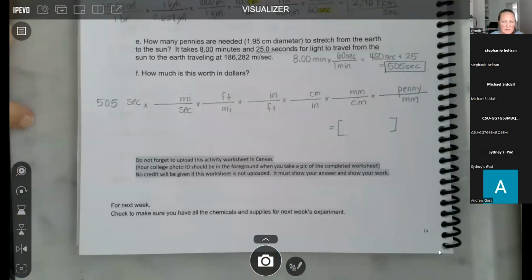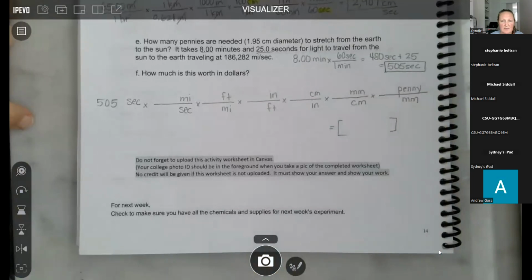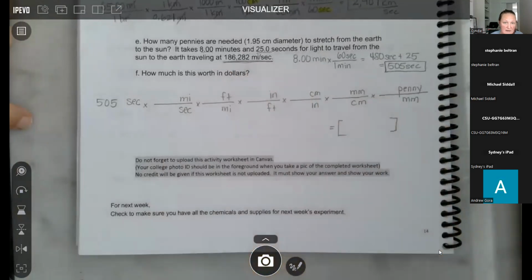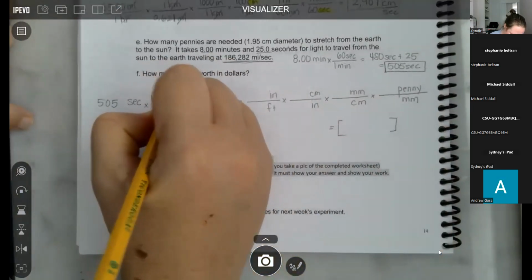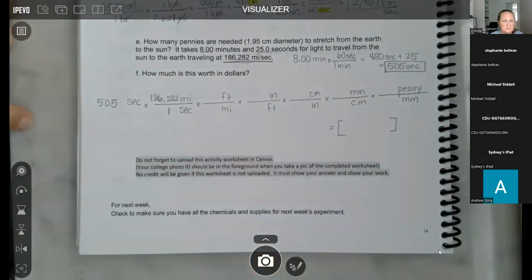And at the end, we want the number of pennies that it would take to go that distance. So miles per second is given to us in the problem. This is the conversion factor. We have 186,282 miles per 1 second.